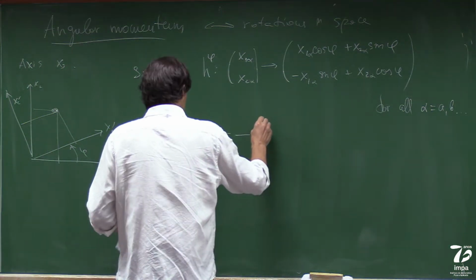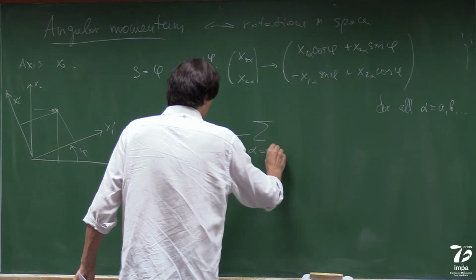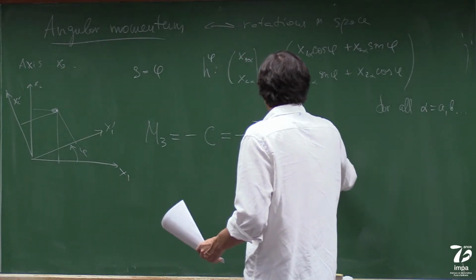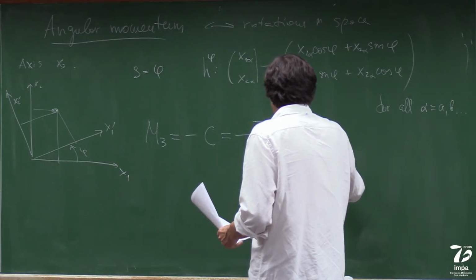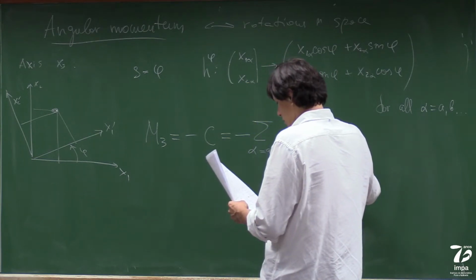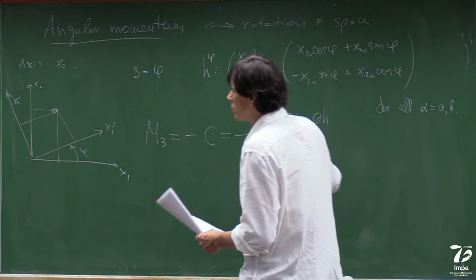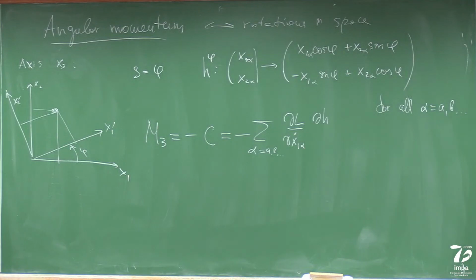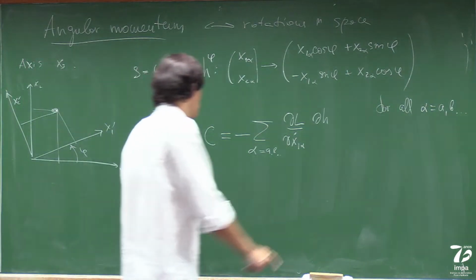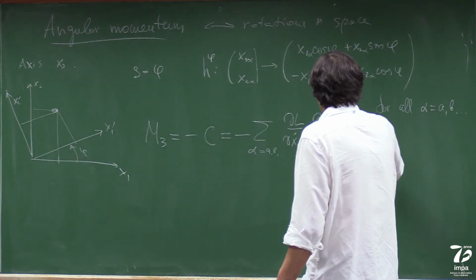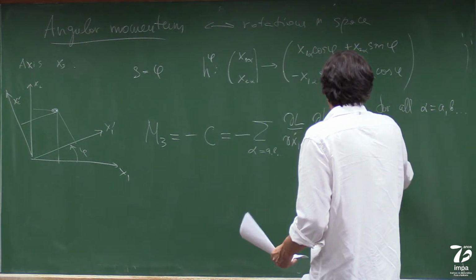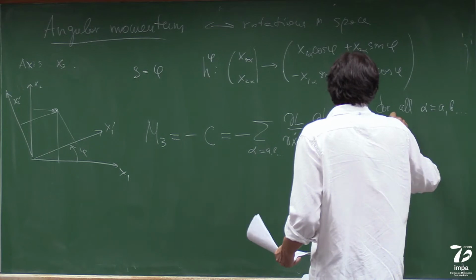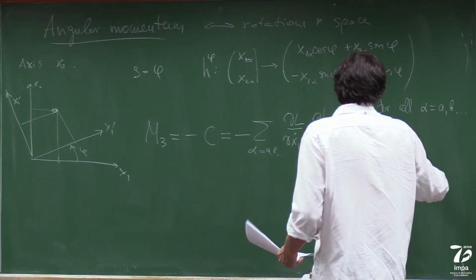Then we sum over all points: dL with respect to the derivative of x1 alpha dot, times the derivative of the new coordinate x1 alpha with respect to s, plus dL with respect to x2 alpha dot times the derivative of x2 alpha.